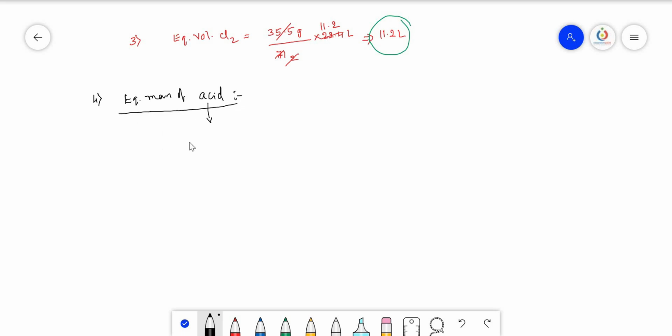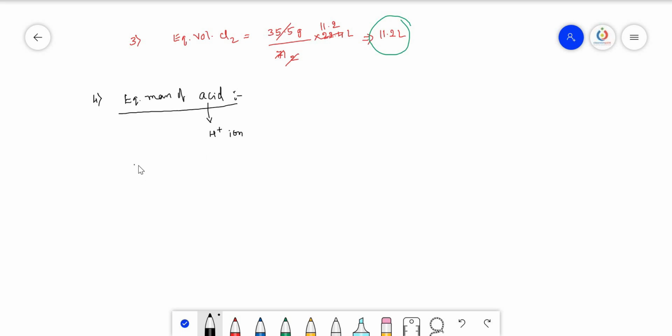Let us see the definition of an acid. Here we need to take either the Bronsted acid or Arrhenius acid definition. So an acid is a substance that furnishes H plus ions. So an acid basically releases H plus ions.